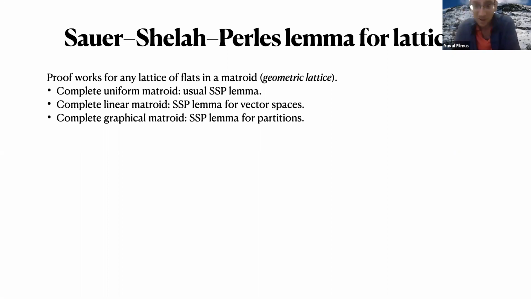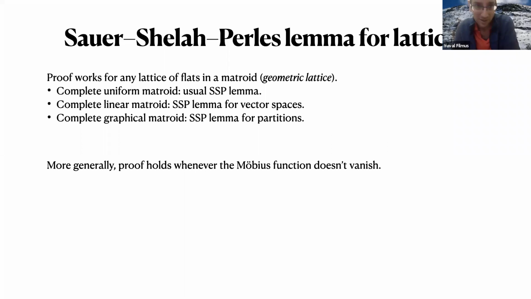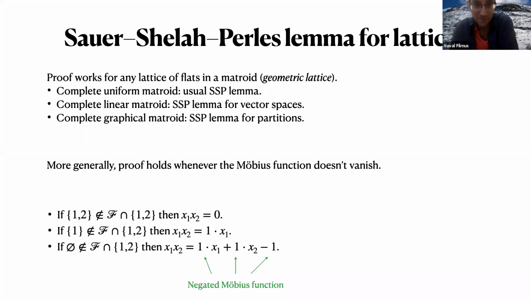So what is the condition needed for this argument to work? We need the Möbius function of the lattice to never be 0. The Möbius function is sort of the coefficients of the inclusion-exclusion formula for the lattice. And why does it show up?